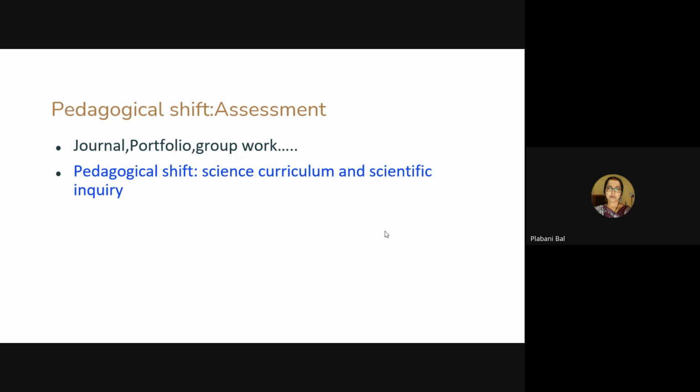Now, after NCF 2005, NCF 2005 recommended a shift in modes of assessment, making it more flexible.